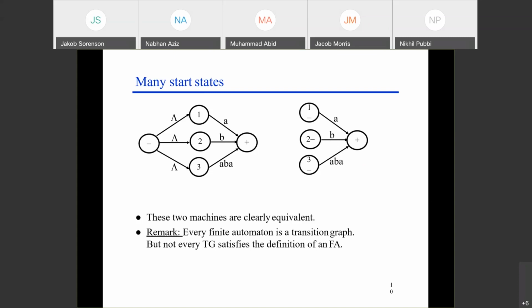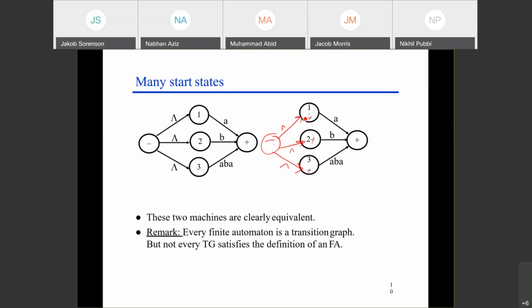Whenever you have these kinds of machines, you can reduce them to one start state, and that is very easy. You just add a new state here and connect all these states to it, and delete their start signs, and the label will be lambda, because lambda means you reach from here to here without any input.